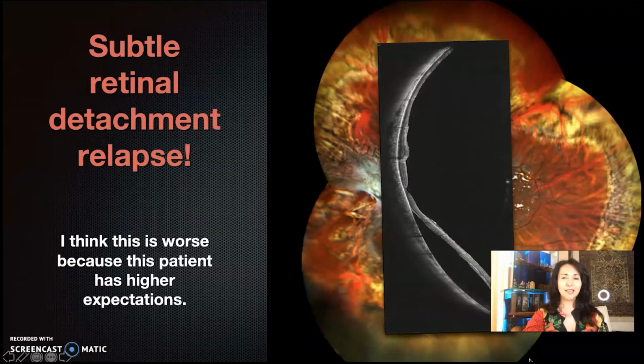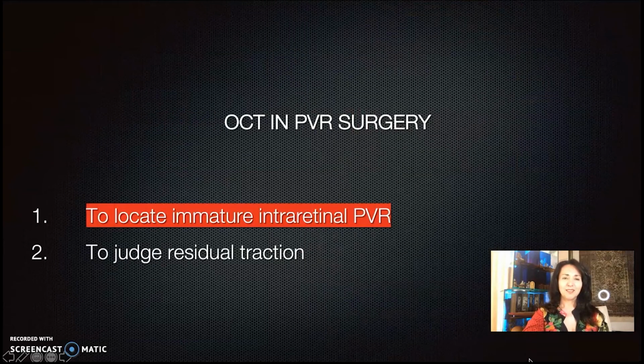And I could detect a subtle retinal detachment in the inferior quadrants, but this patient is worse than the full PVR because he has higher expectations and he's tired of surgery. You cannot make mistakes.